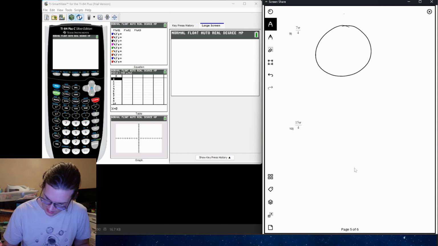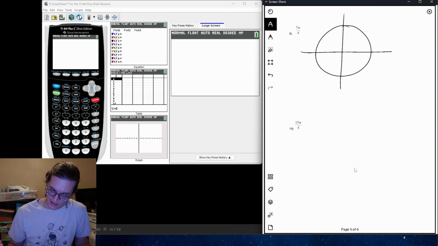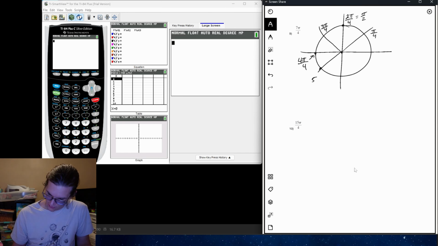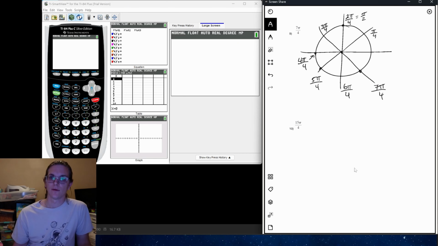Okay, this is in radians, a 7 pi over 4 radian angle here that I care about. This pi over 4 tells me where I need to look. Pi over 4, 2 pi over 4, 3 pi over 4, 4 pi over 4, 5 pi over 4, 6, 7, right? This is our angle, a 7 pi over 4 radians angle.